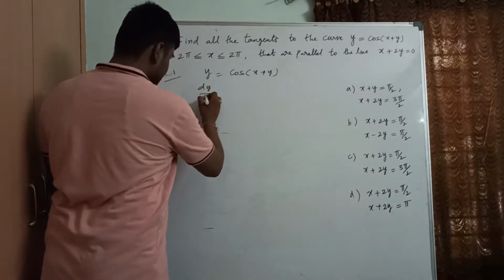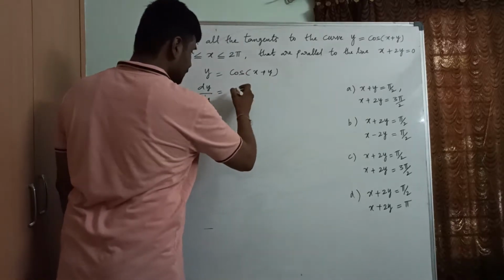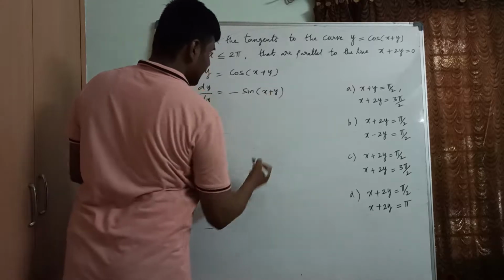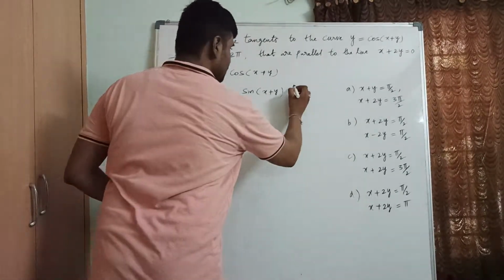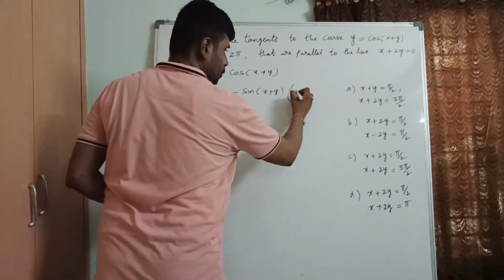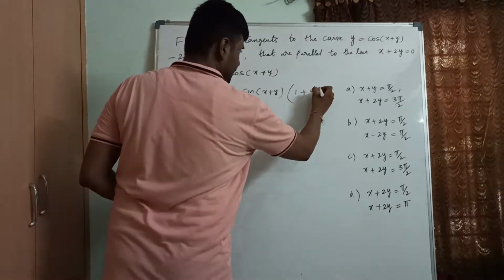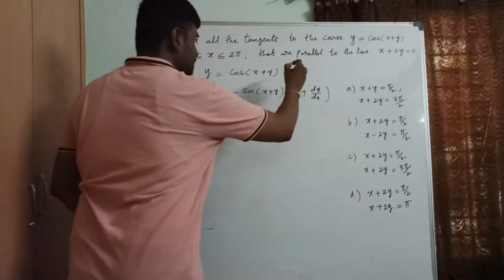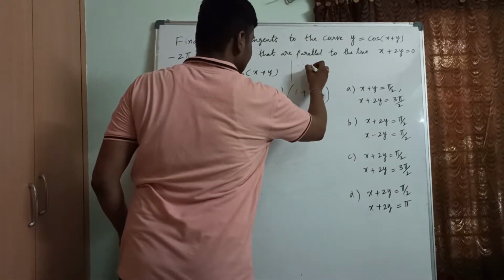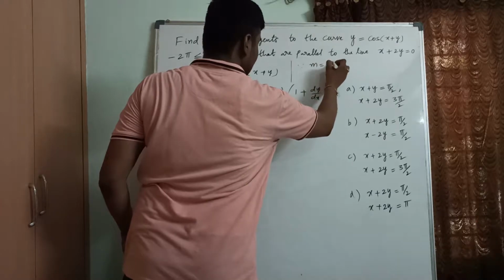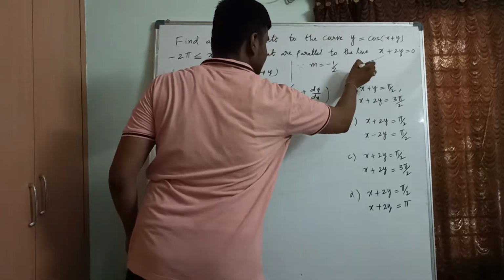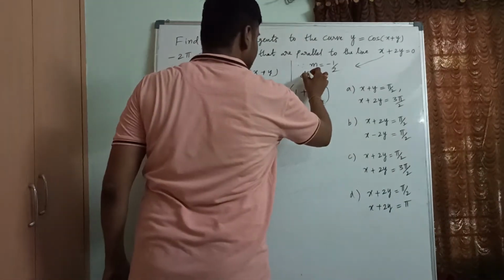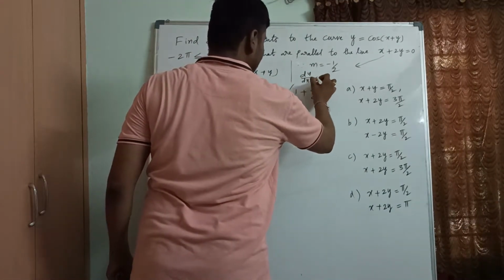dy by dx equals the derivative of cos, minus sine of x plus y. Again differentiate the inside function. So the derivative of x is 1, and the derivative of y is dy by dx. That's it. So what is dy by dx actually? The slope is minus 1 by 2 from this, correct? It means the dy by dx value should be equated to minus 1 by 2.